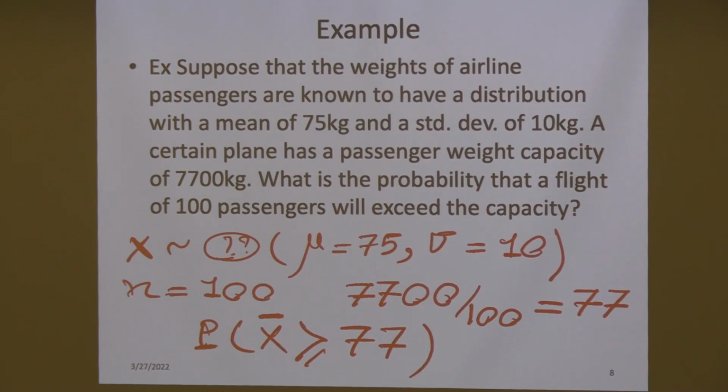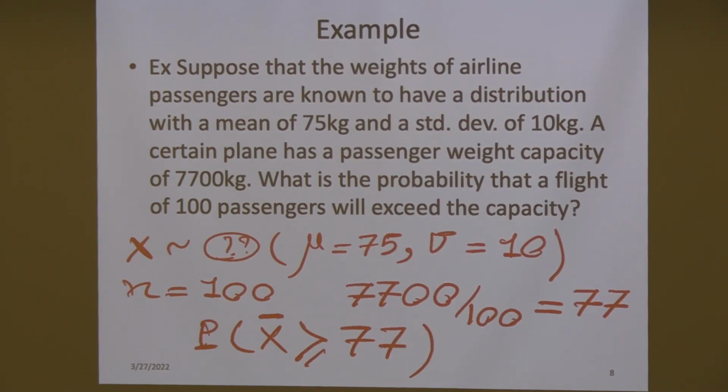Okay. So X, which is the weight of airline passengers, the assumption is that that is coming from a population, and we don't know the distribution for that. We just know that the population mean is 75, and the population standard deviation is 10, okay? Now, the number of passengers that we have is 100.